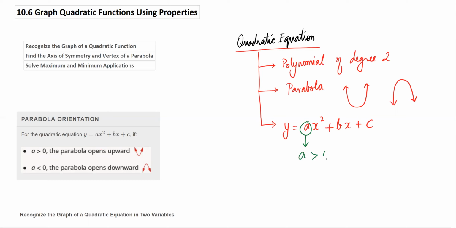If A is positive, the parabola opens upward. If A is negative, the parabola opens downward. And so without even graphing, you just look at the equation and you can come up with very determined ideas of how the parabola will open.